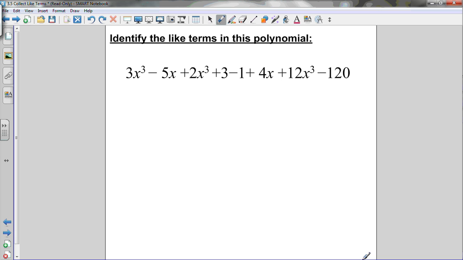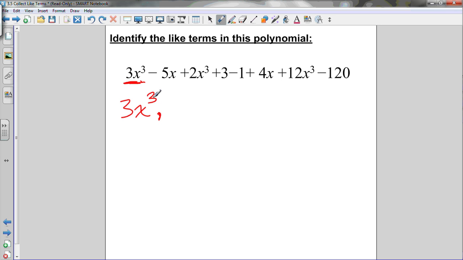Before we actually start simplifying equations by collecting our like terms, let's first make sure we're good at finding the like terms in a polynomial algebraic expression. So I've got 3x cubed. Let's look in this polynomial to see if there are any like terms to 3x cubed. So we want to find other terms that have the exact same variable with the exact same exponents.